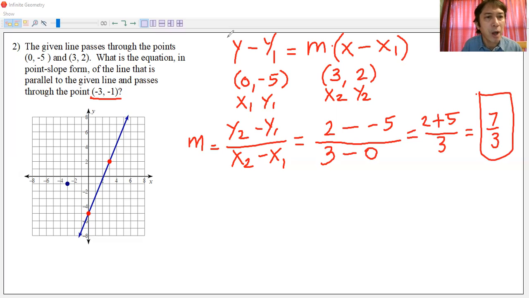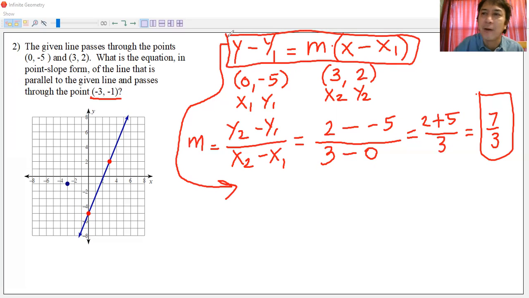And since we're looking for the equation of the parallel line to this line, it will have the same slope, 7 over 3. Okay, now we're ready to use this formula. We will have to make use of x1, y1 for our given point.